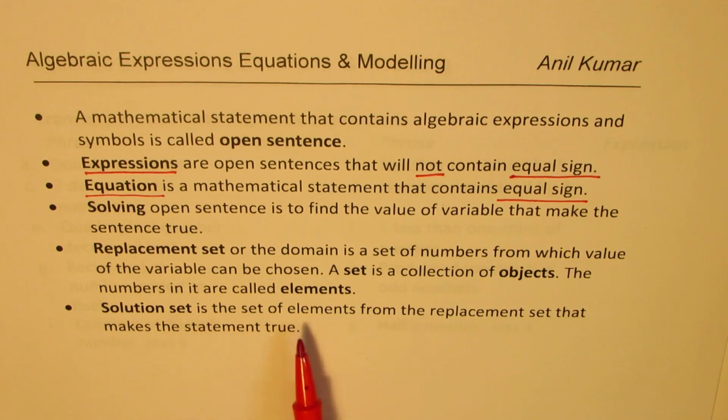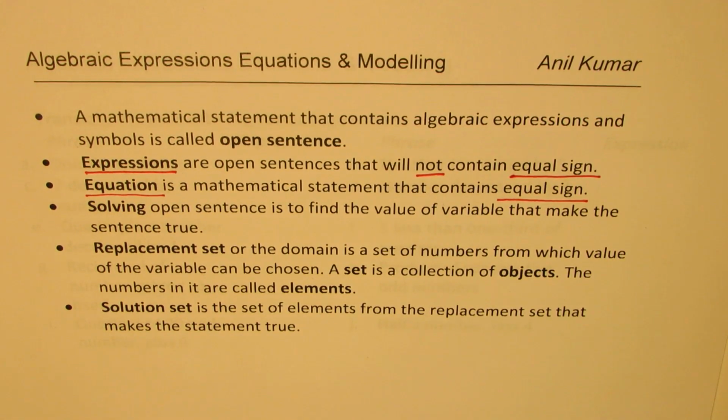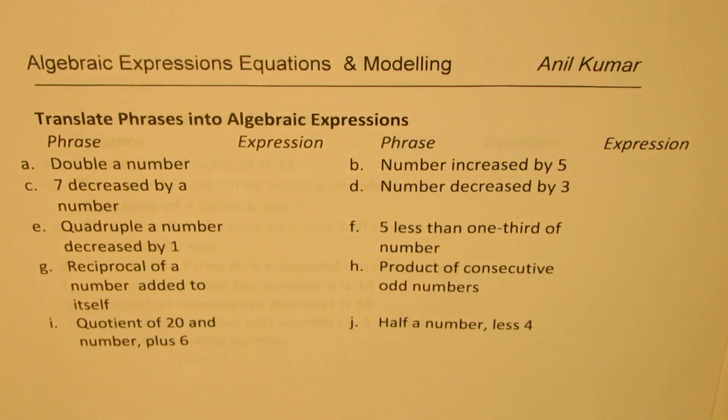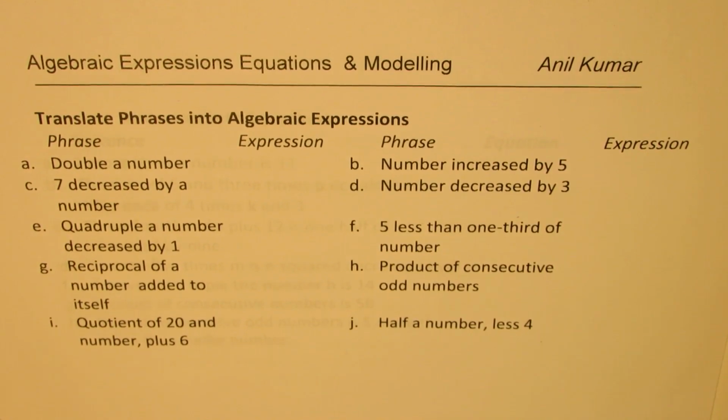Solution set is the set of elements from the replacement set that makes the sentence true. So these are some words which we are going to use in our language while working with expressions, equations, and modeling. Now let's take up the actual translation of phrases into algebraic expressions.